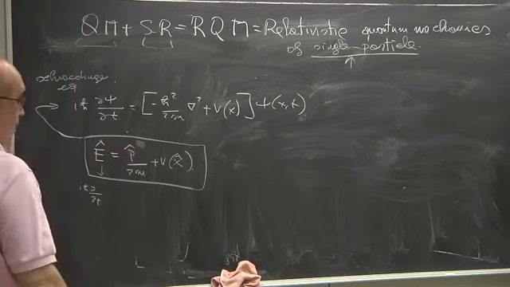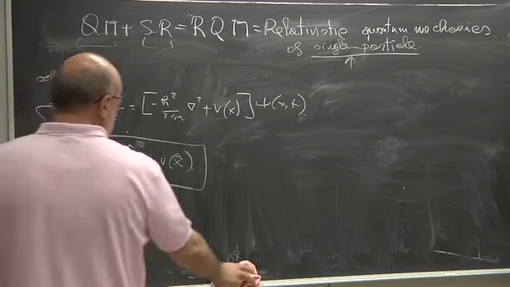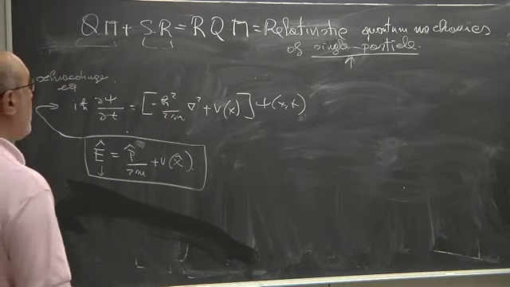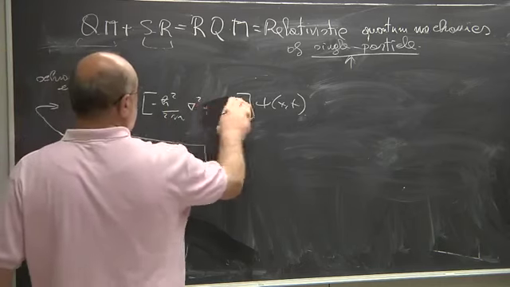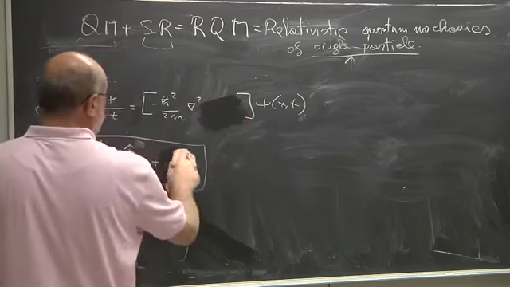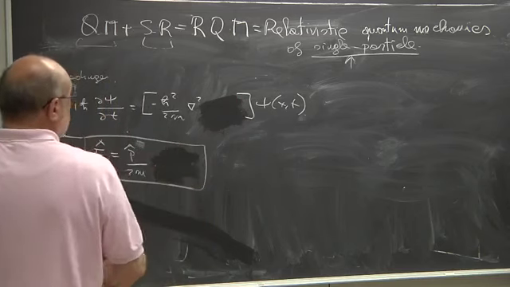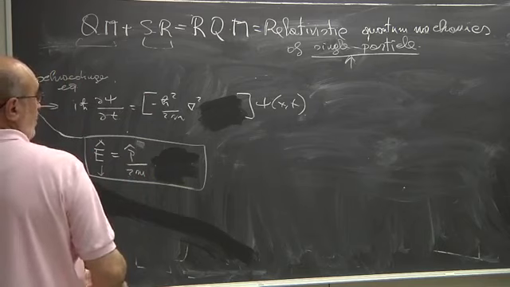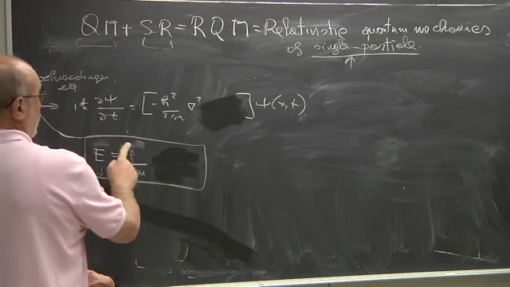But this is not the relation that we have in the relativistic case. Okay, let's take for the moment, to be simple, the non-interacting case, so let's take away the potential. The Schrödinger equation basically is an implementation at the operatorial level of this relation.